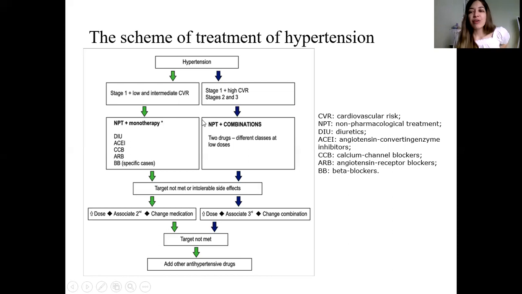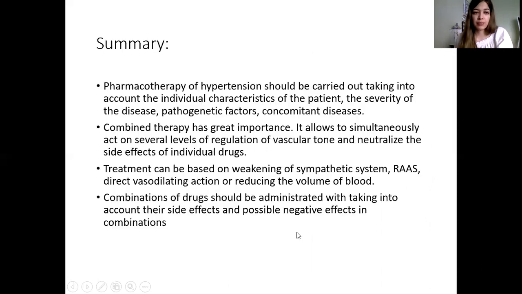So you see, very often we have to use combinations. We have to combine drugs from the first class and the second class, from different groups, from diuretics, from drugs affecting the angiotensin system, affecting the blood vessels, and so on, and use them together.